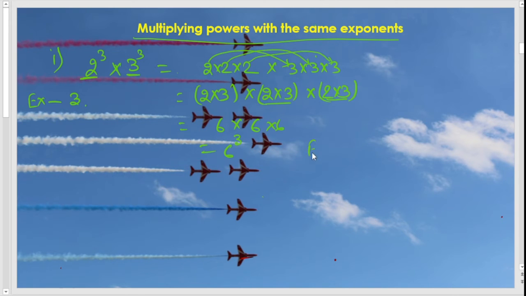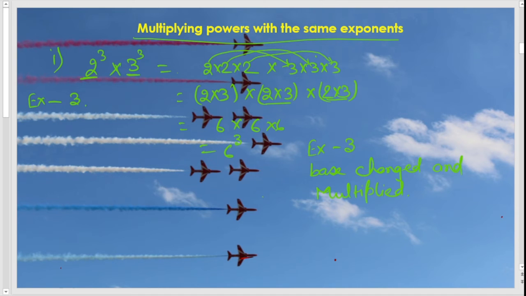Here the exponent is 3, but the base changed and multiplied. So we came to know that when we multiply powers with the same exponent, that means same exponent but different bases, the bases are multiplied but the exponent remains same.